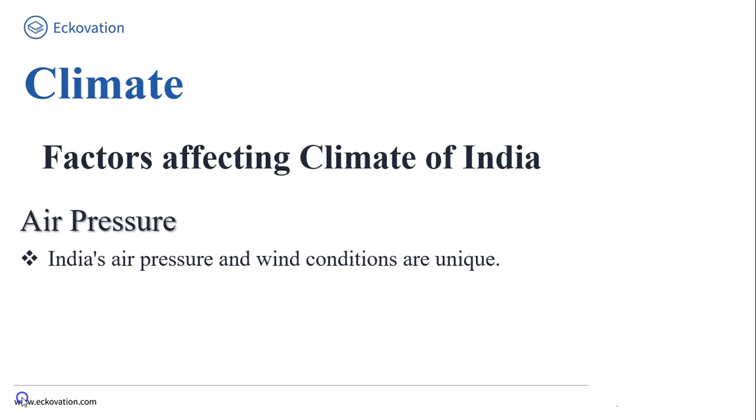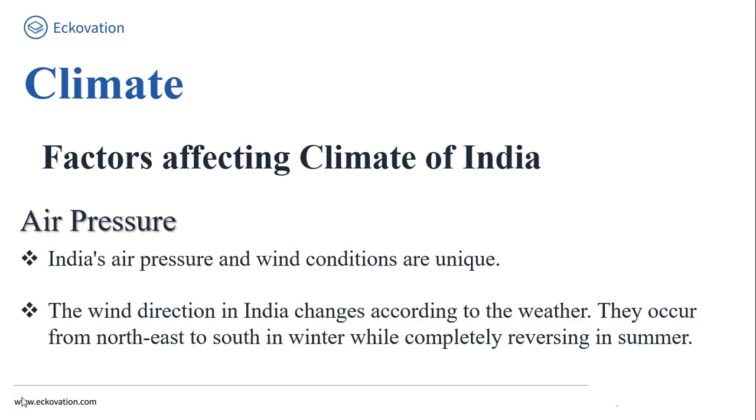जिसके कारण this causes a complete reversal of direction of wind during summer, as air moves from the high pressure area over the southern Indian Ocean in a southeasterly direction, crossing the equator and turning towards the right to the low pressure area over the Indian subcontinent.